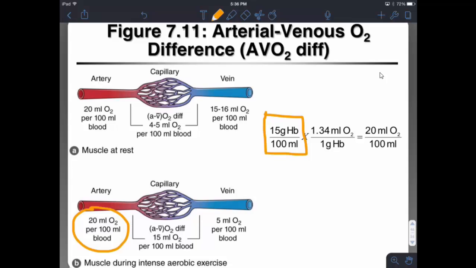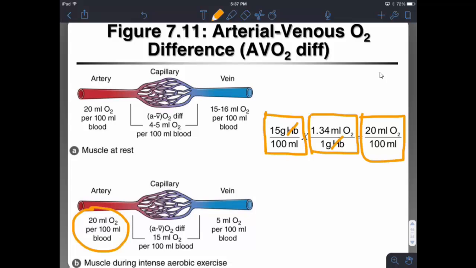So on average, we have about 15 grams of hemoglobin per 100 milliliters of blood. I haven't told you this yet, it's not super important, but every gram of hemoglobin, if it's fully saturated, can carry 1.34 milliliters of oxygen. So if you do the math here, the result is 20 milliliters of oxygen in every 100 milliliters of blood.